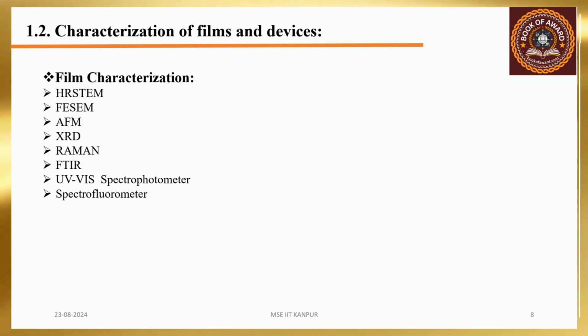These three techniques have been used for surface morphology. XRD, Raman, FTIR, UV-visible spectrophotometer, and spectrofluorometer are also used to characterize the film characteristics and UV filter characteristics.